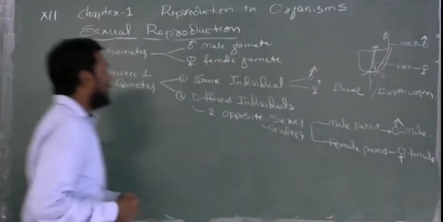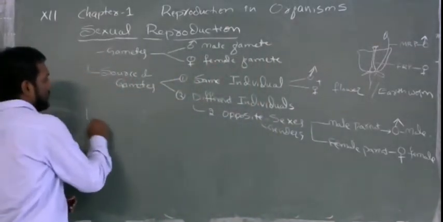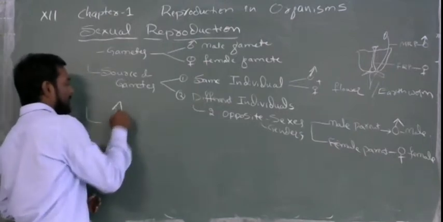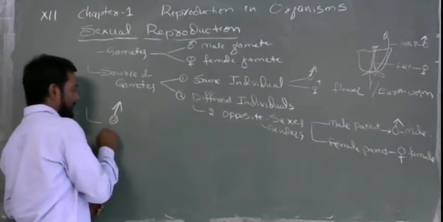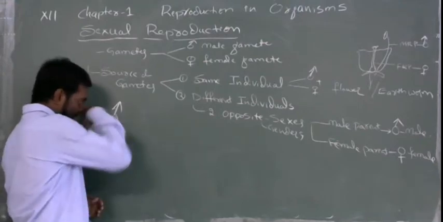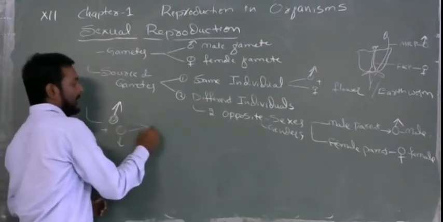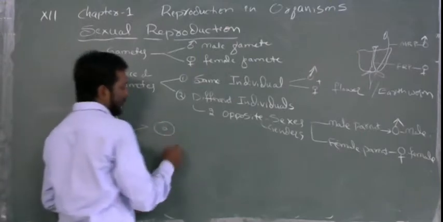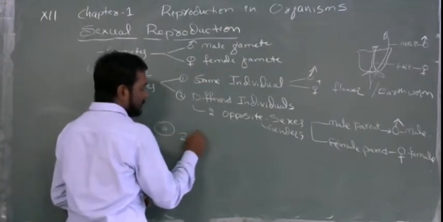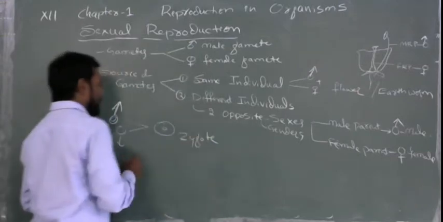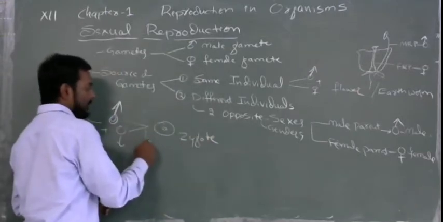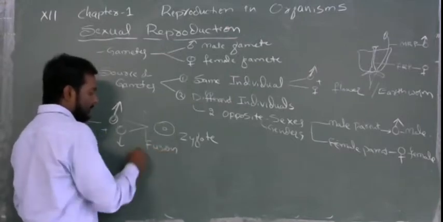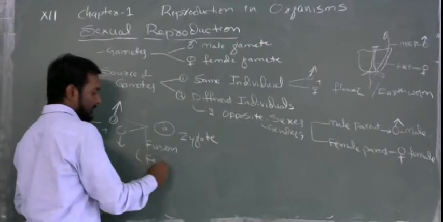So, now the next topic is, what is the fate of these gametes? The male gamete plus the female gamete will both mix and form into one cell. This is called a zygote. And this fusion, that is not fission, it is a fusion, that is combining, is called fertilization.